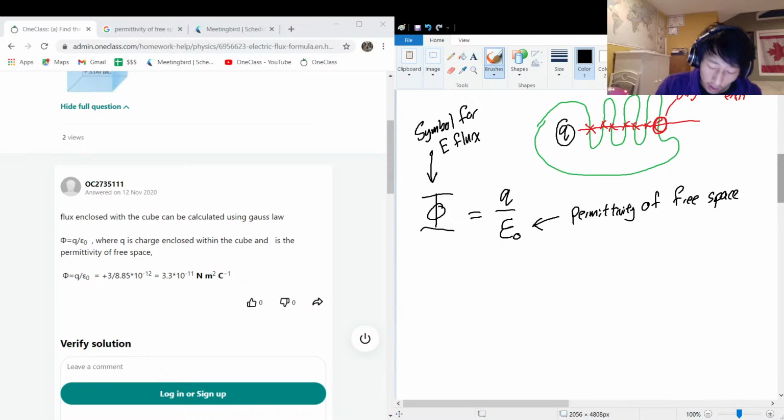Okay, so the epsilon naught value, it's epsilon naught, not E. That was not a very good drawing of it. Let's rewrite that.